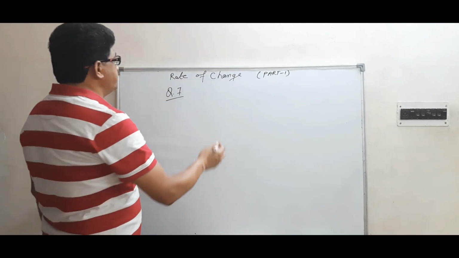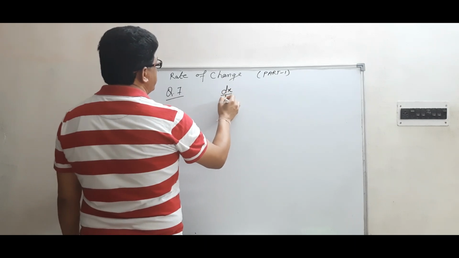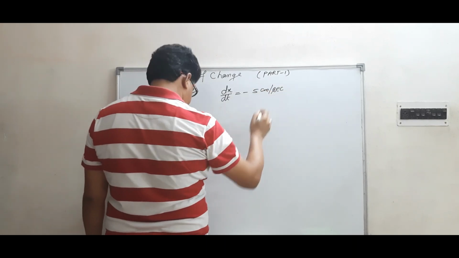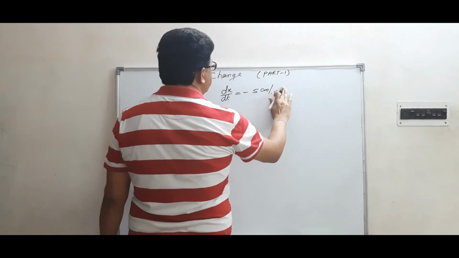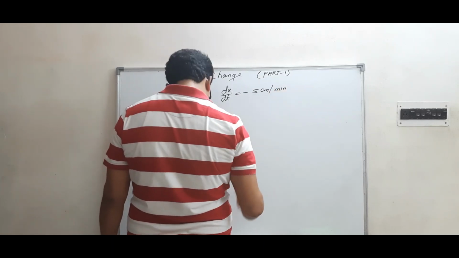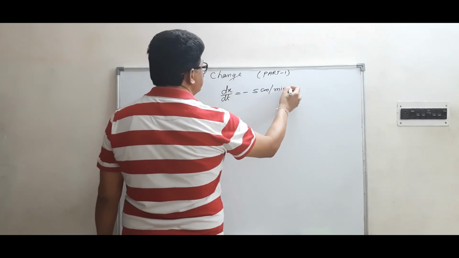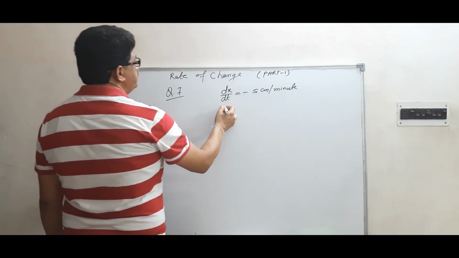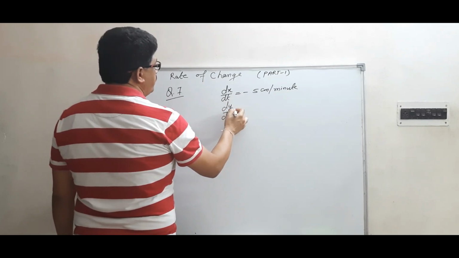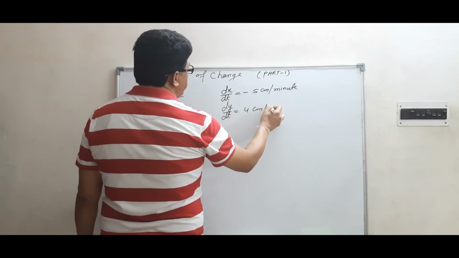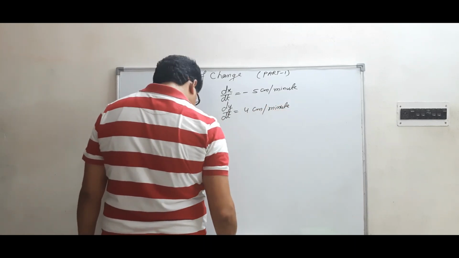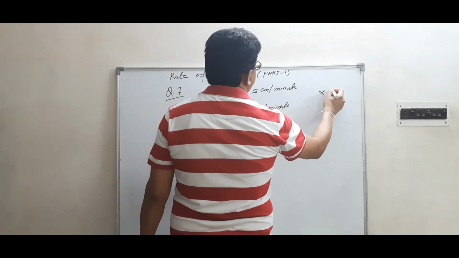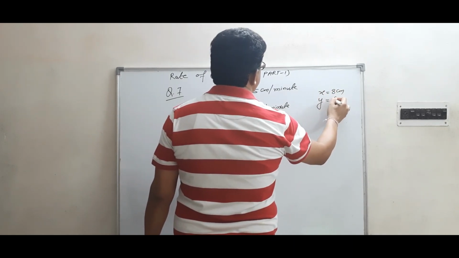So dx upon dt is minus 5 centimeter per minute. And the width y is increasing at the rate of 4 centimeter per minute. x is given as 8 and y is given as 6 centimeter.